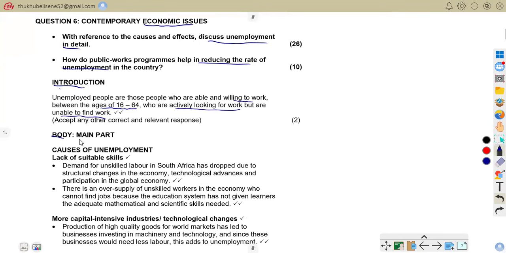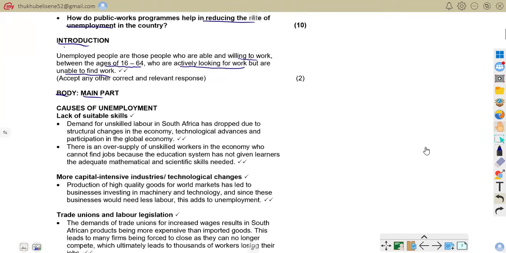So now we come to the body part, the main part of the essay. Lack of suitable skills. Now we're going to talk about lack of suitable skills.